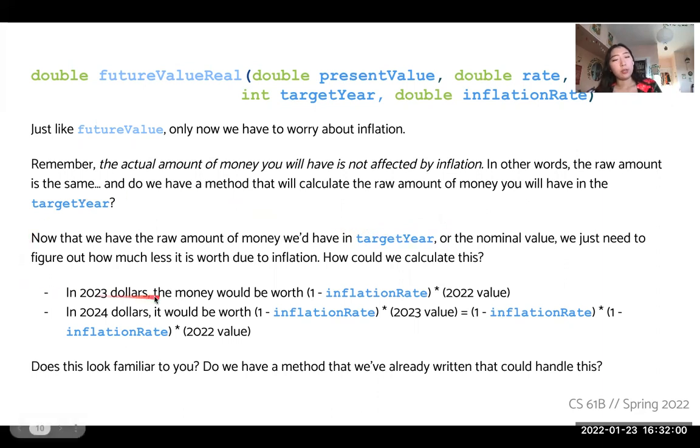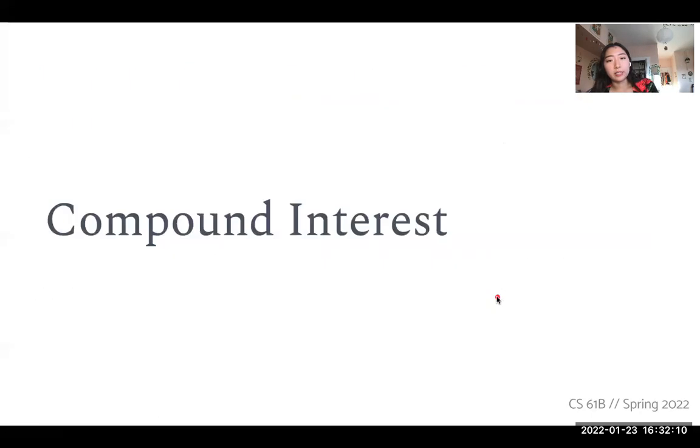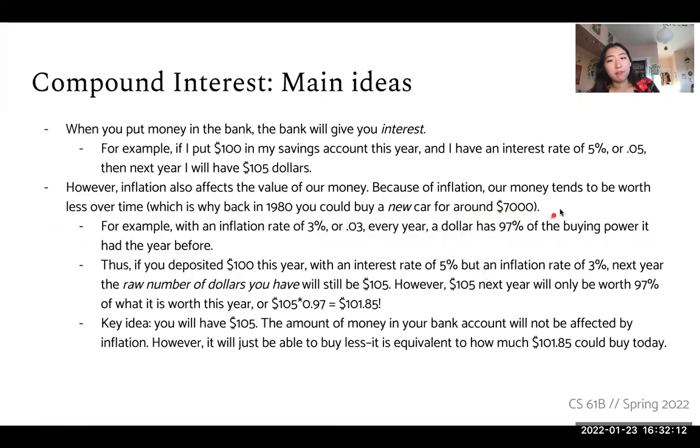In 2023, the money is going to be worth 1 minus inflation rate times the 2022 value. Again, let's think about this core idea slide. We said if the inflation rate is 3%, a dollar has 97% of the buying power it had before. Or in other words, we're doing 1 minus 0.03 to get 0.97.